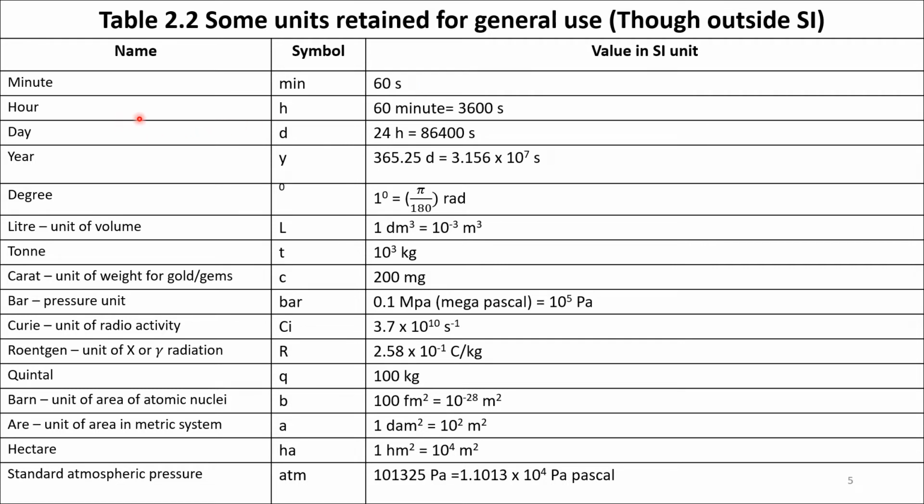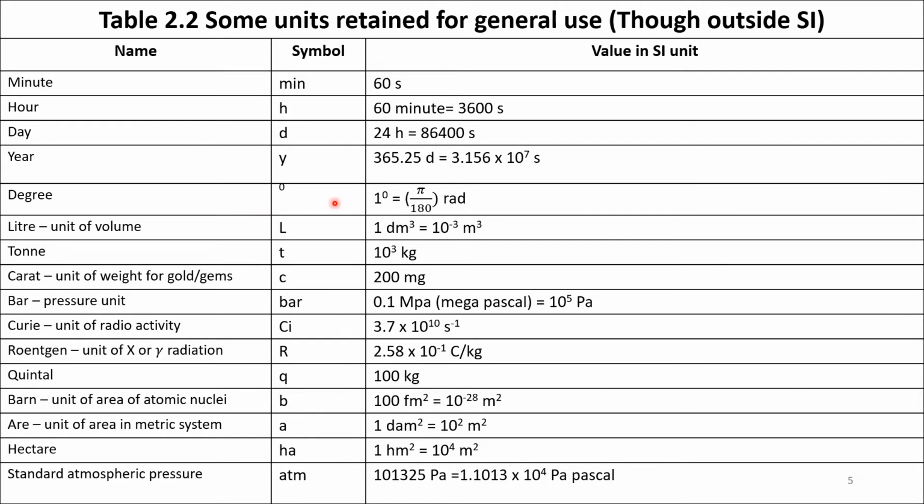Hour, sometimes we mention hour. Hour is 60 minutes, equal to 3600 seconds. Day is 24 hours, that is 86,400 seconds. Year is expressed and its value is 365.25 days, that is equal to 3.156 × 10^7 seconds.